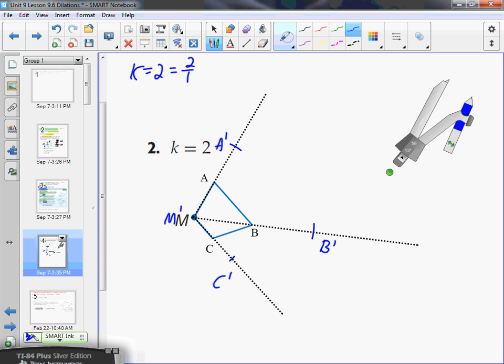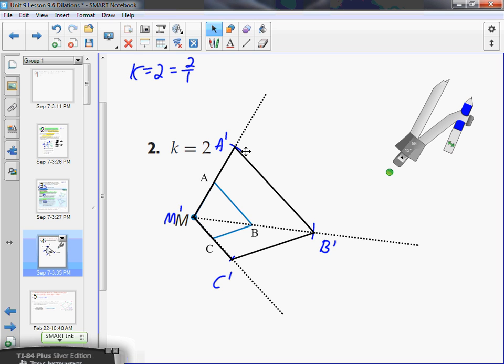Then we use our straight edge. And there's our dilated figure. Since the scale factor is 2, that means the ratio of the length of A prime B prime to the length of AB is 2.